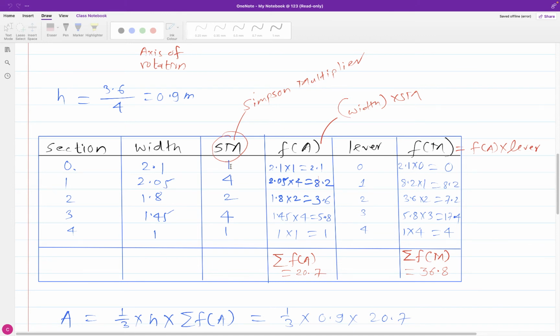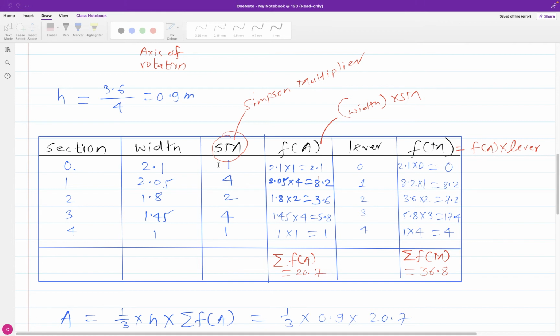Simpson's multiplier here is 1, 1; start 1, end 1. Second 4, second last 4, and in between 2, 4, 2, 4. But here we have only one, so here we will have a 2.